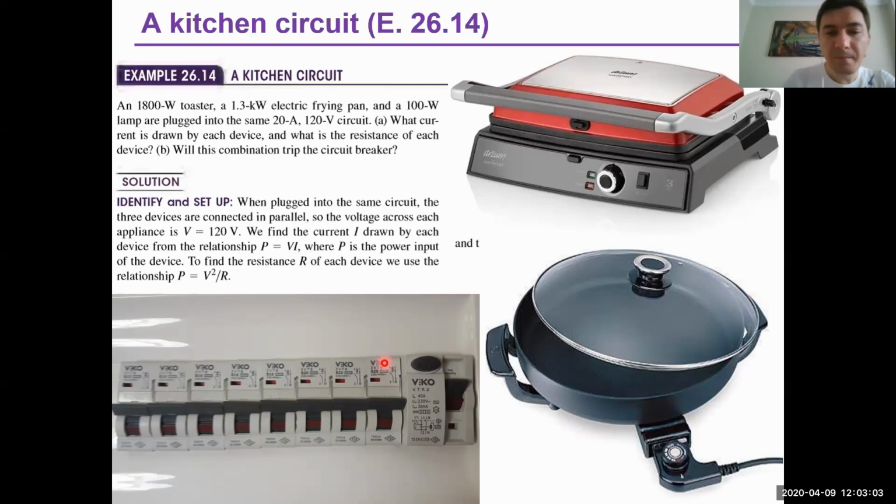So the question is, what current is drawn by each device, and what is the resistance of each device? And will this combination trip the circuit breaker? Here we have the circuit breaker for the kitchen, let's say. If you use these together with the lamp, will this be enough, or will it be tripped? Okay, this is the question.